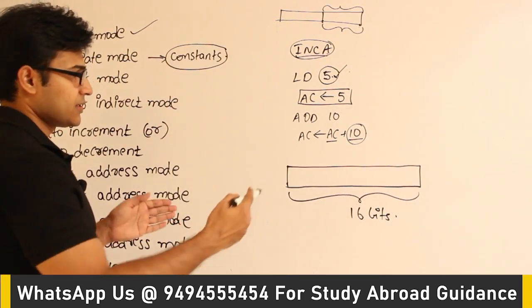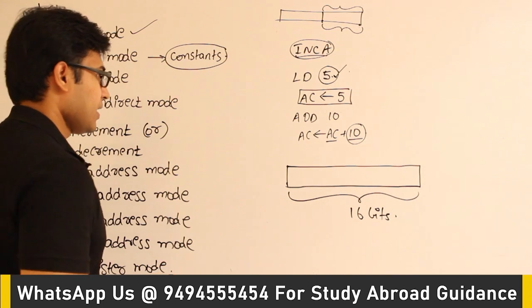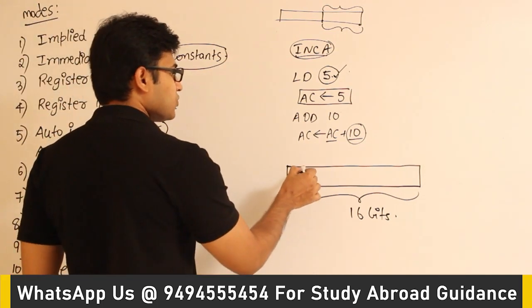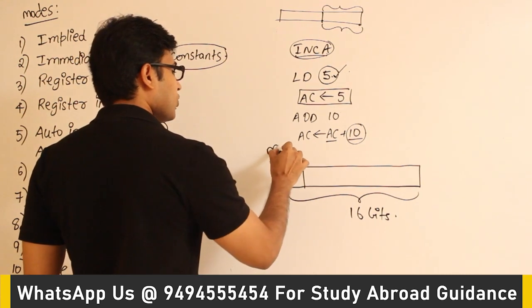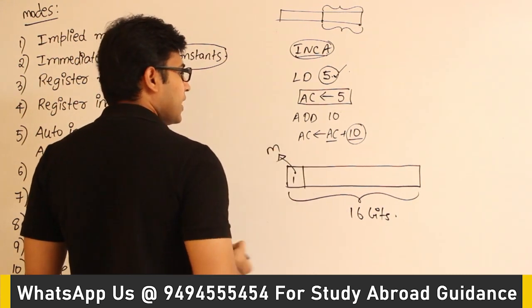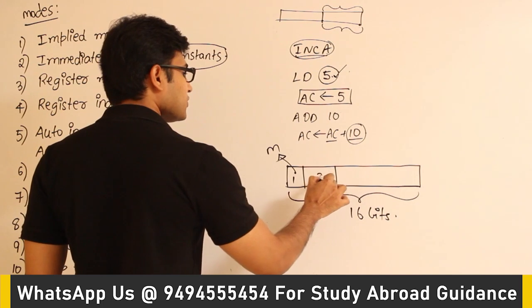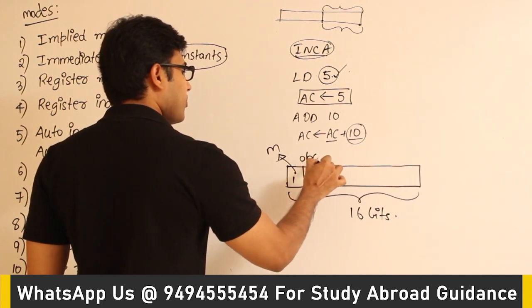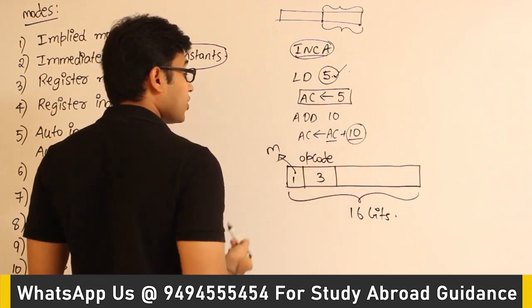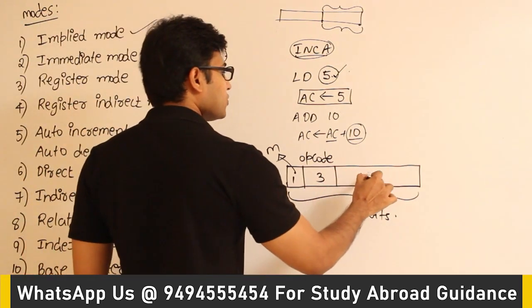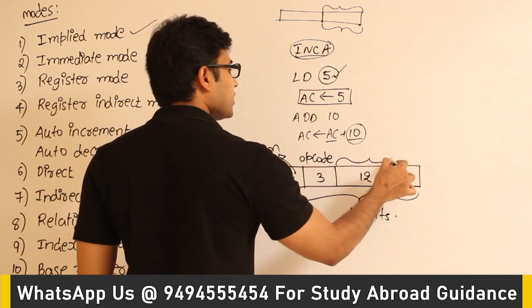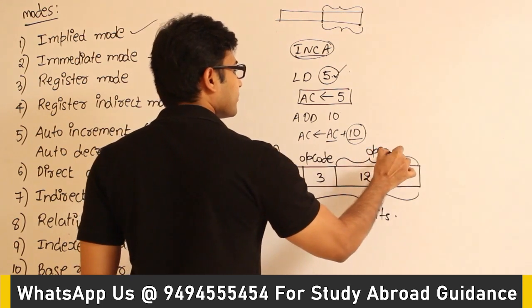The total size of the instruction is 16 bits, and 1 bit is used to specify the mode of addressing. So this is the mode bit, 1 bit is used, and then 3 bits are used to specify the opcode. Opcode means what operation it is, and then 12 bits are used to provide the operand.